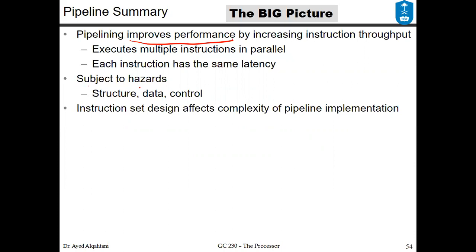So you need to worry about when to introduce stalls. When do you introduce those bubbles? And we talked about the structure, the data, and the control hazards. And the instruction set design affects the complexity of pipeline implementation. So you gain a lot of advantage in terms of performance with the pipeline, but it comes with its problems.